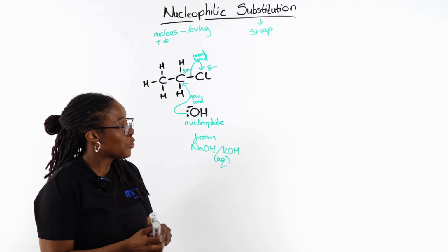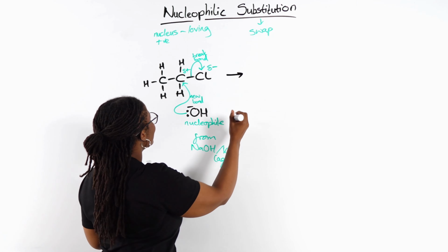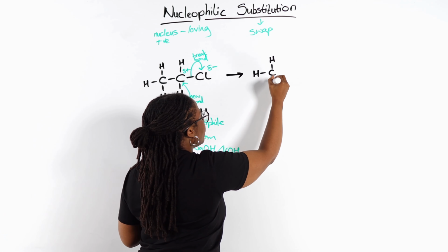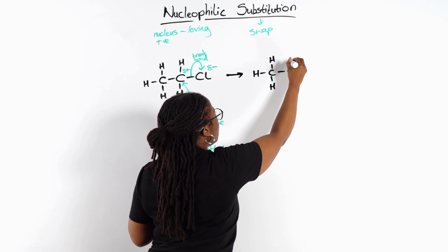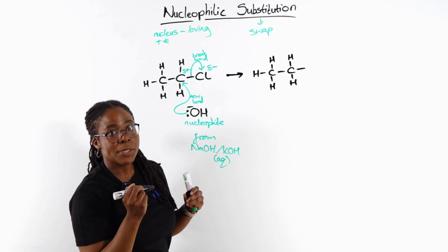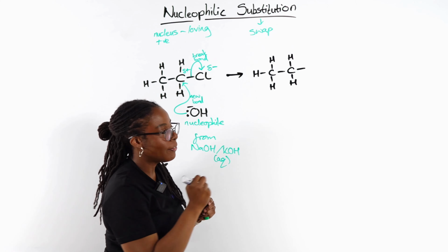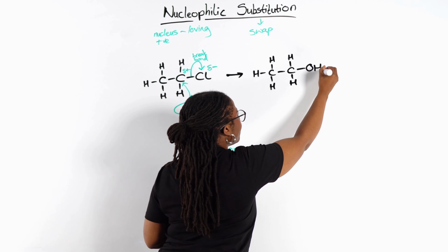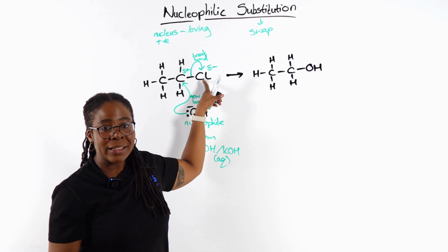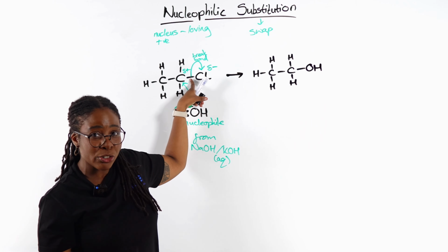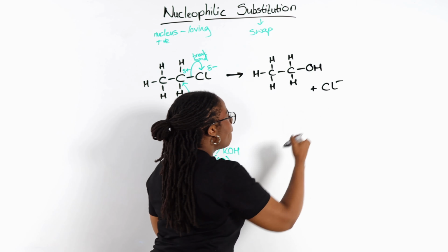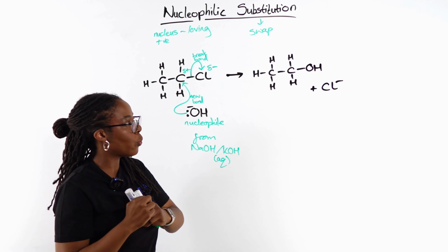So now, what do we end up with? Nice and simply, if I just draw the rest of the compound, we're now going to have the Cl substituted by the nucleophile. And because this Cl has fallen off, along with its electron plus an extra electron from that bond, we're now going to have Cl minus that's been formed along with it.